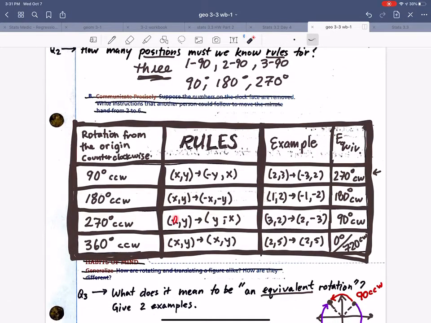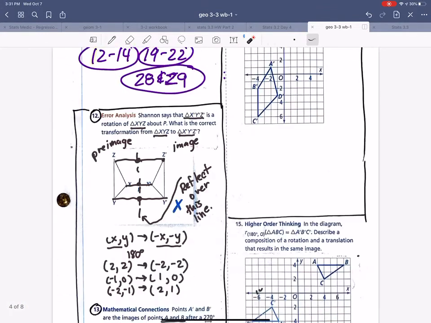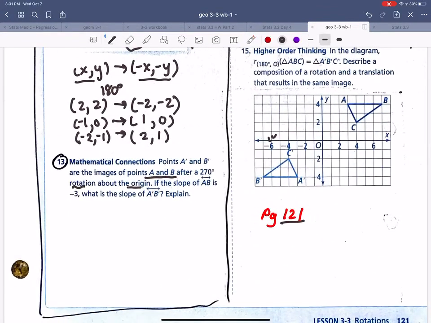We want to copy this rule: our original coordinates switch spots and the X is negative. So that's my rule for a 270 degree rotation about the origin.